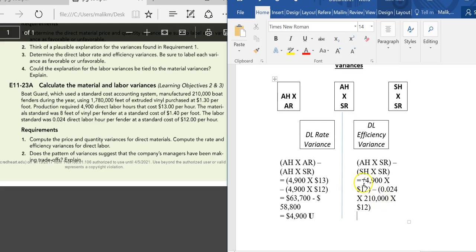Now if you find this first part, I already found it. It's 4,900 times $12, which I found 58,800. And for the second part, when you multiply all three numbers, 0.024 times 210,000 times $12, what I found is 60,480.